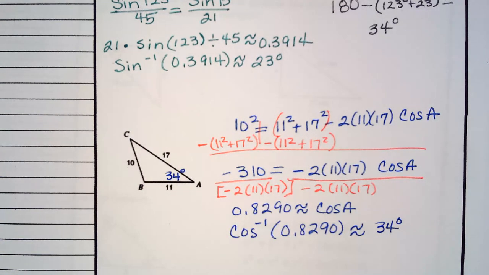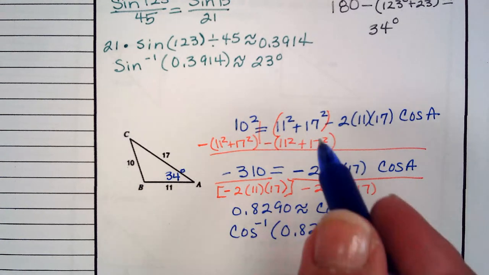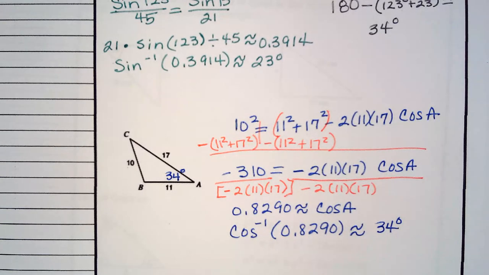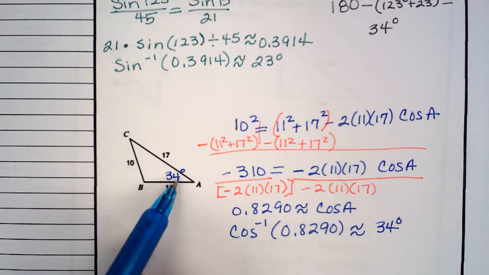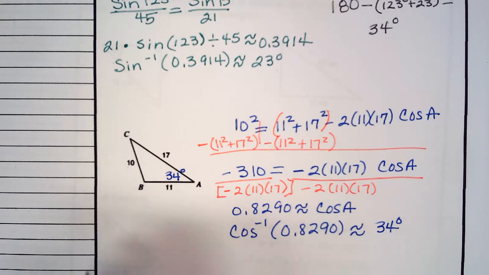Now I will use the law of sines, because this is really involved. Could I use the law of cosines again? Yeah, I could. But it is easier to switch to the law of sines at this point. I've got the angle 34 and the side 10, which match up.